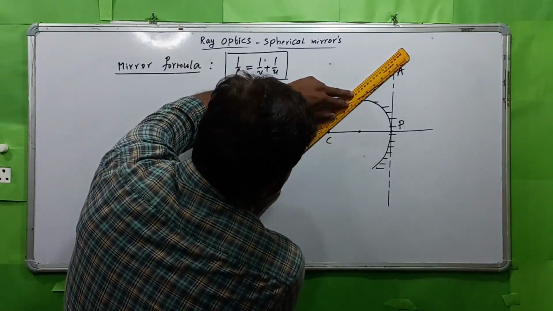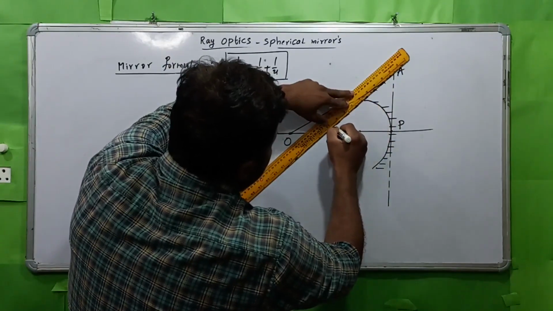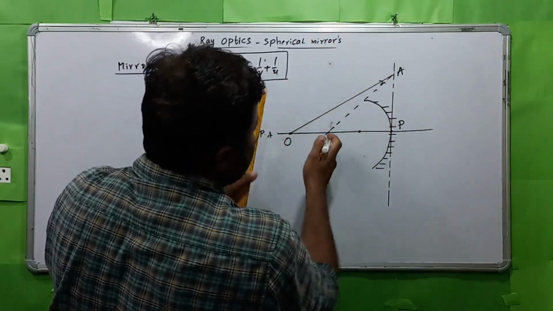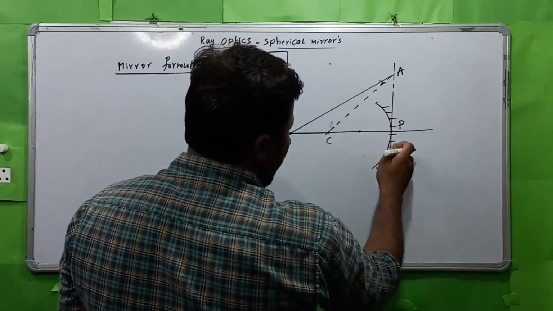We can observe an imaginary normal through the center of curvature acting like a normal. This is the normal, since all distances are measured from the pole like this.